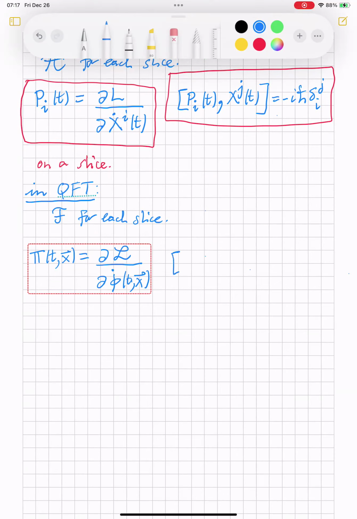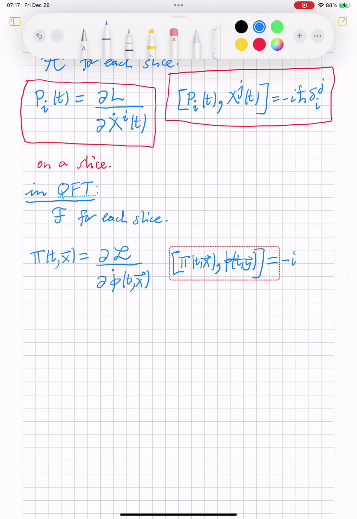We would again quantize the theory by stating what the commutator is. So again, this is the equation that defines our operators for us. And they again are defined at some specific time. It's minus i h bar and a delta of x minus y.